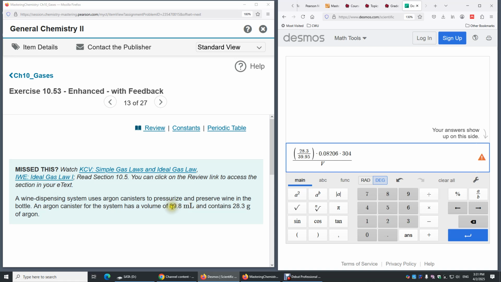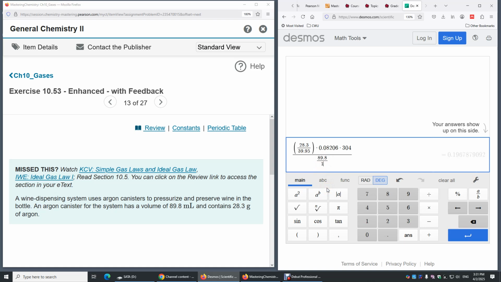Make sure you use the value of volume in liters, not milliliters. So over here it's 89.8 divided by 1,000. That will convert milliliters to liters.